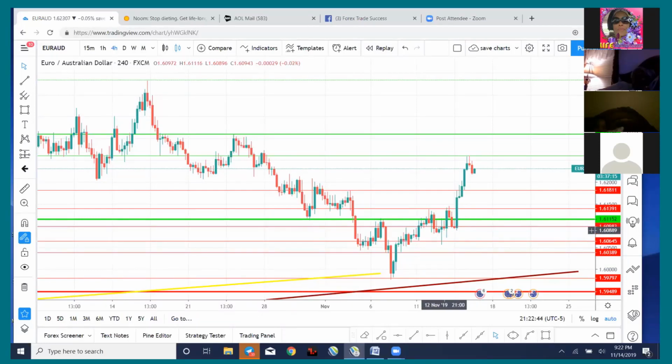What are the red lines? Are those support and resistance, or what are they? These were support and resistance lines from when I drew earlier. All of this here is new since I drew it. Okay, so put a line to your most recent swing high, I mean swing low.